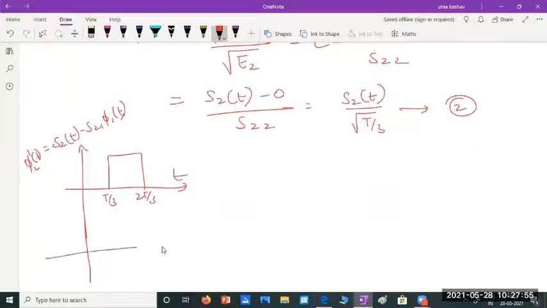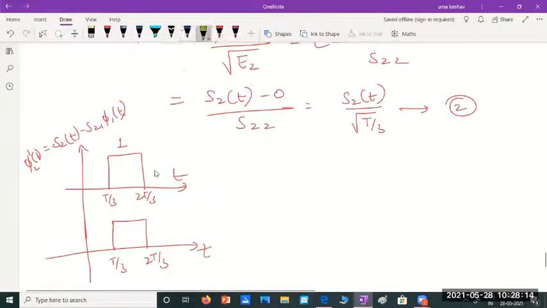Now, if I divide it with root t by 3, this value is 1. If I divide 1 with root t by 3, what will I get? In this range again, the amplitude alone changes. 1 divided by root t by 3, this value will become root 3 by t, that's all.